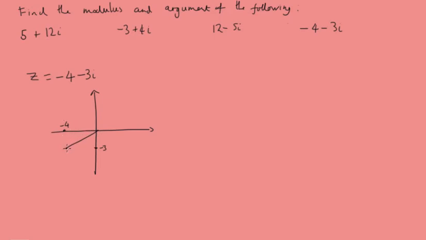And so again we're going to have an angle here, alpha. So first let's find the modulus. It's going to be 4 squared plus minus 3 squared, which comes out at root 25, which is 5.